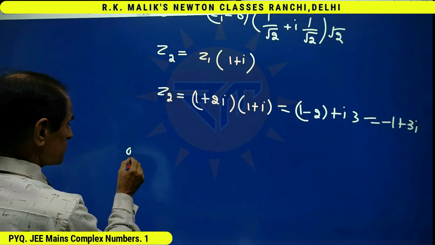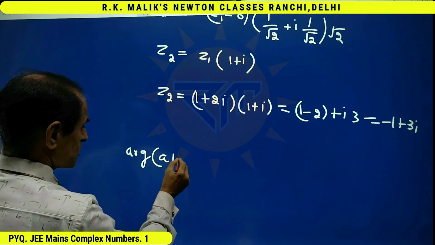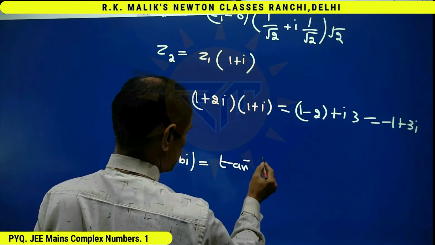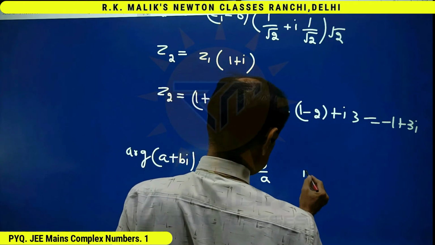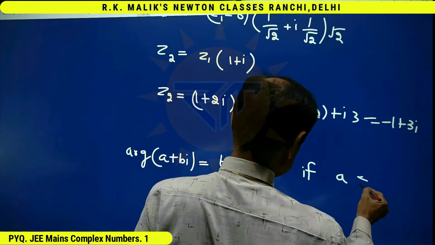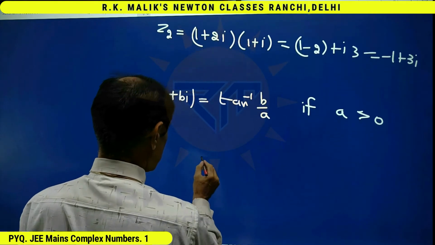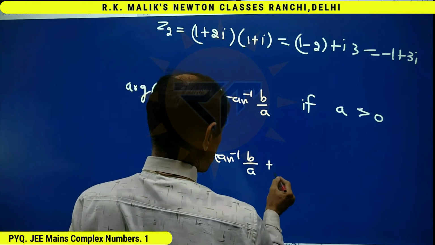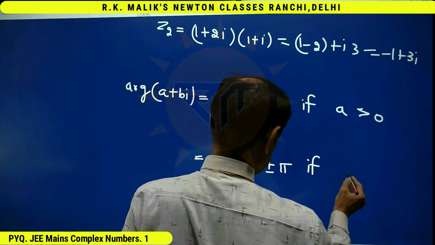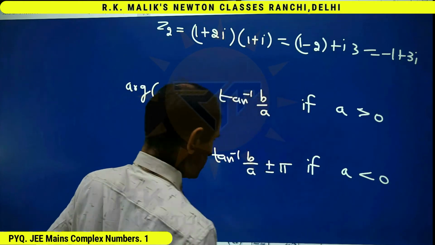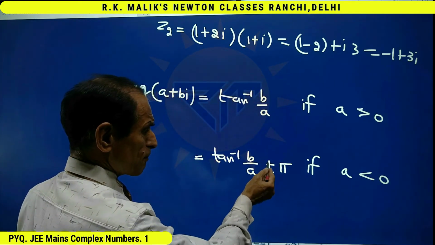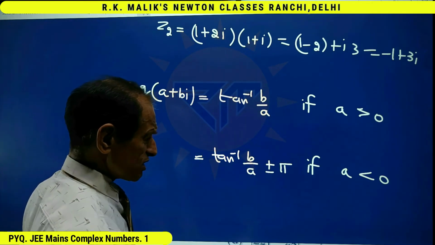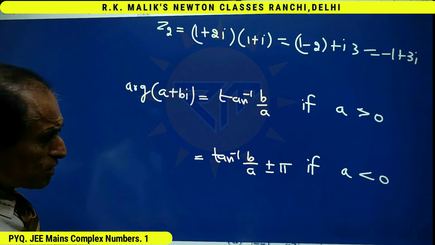And we know the formula: argument of a plus bi is tan inverse b by a if a is positive, and tan inverse b by a plus minus pi if a is negative. Plus pi will be used if b is positive, minus pi will be used if b is negative. If you don't know, remember this formula.